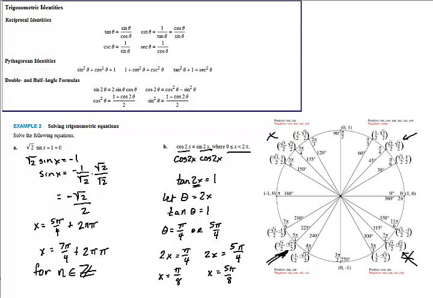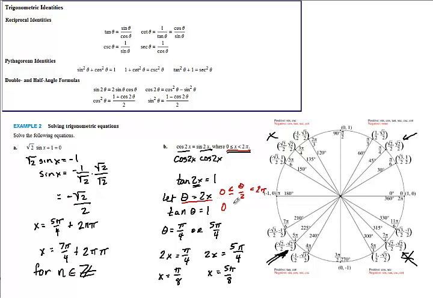But that's not my only set of solutions, because I had this domain restriction here and I didn't consider that when I looked at this. So if x is in between 0 and 2 pi, that means theta over 2 is in between 0 and 2 pi, because x is theta over 2.